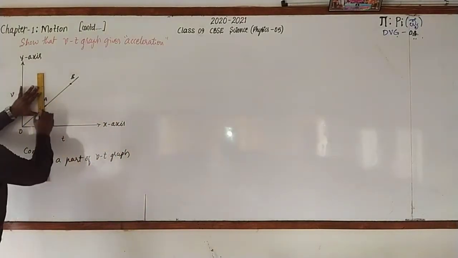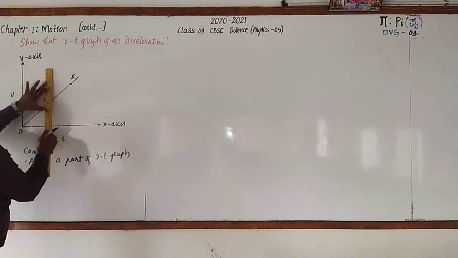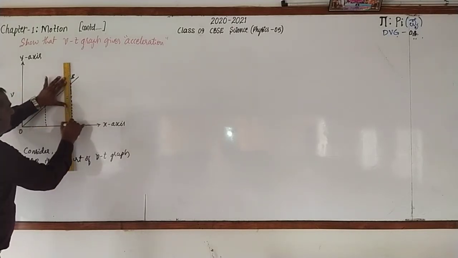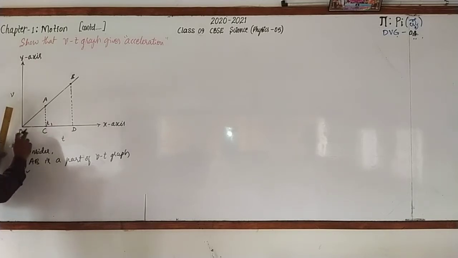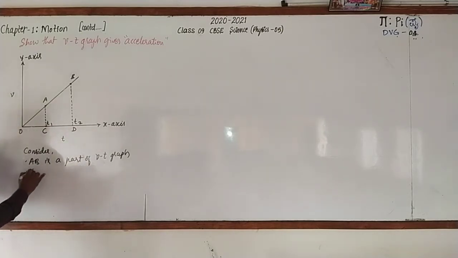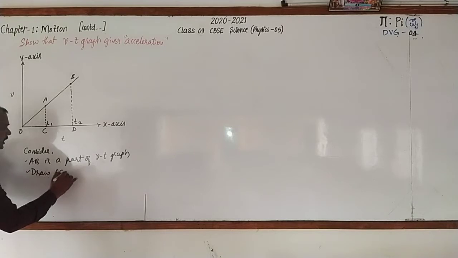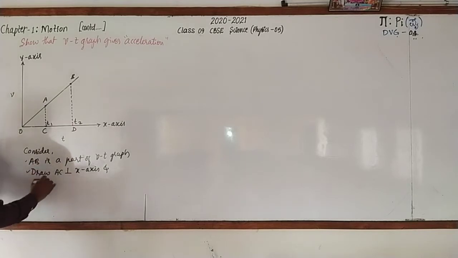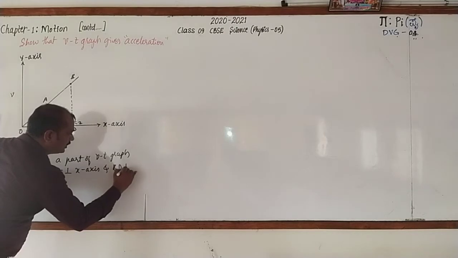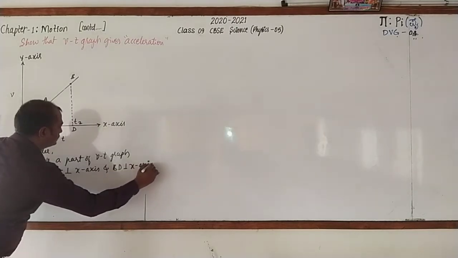Now, let us go for drawing the perpendicular from A to x-axis, again from B to x-axis. Let me draw that. Then these two perpendiculars will intersect x-axis at 2 distinct points. I call this point C and this point D. The time from O to C is T1, and from O to D it is T2. Let me write that: draw AC perpendicular to x-axis and BD perpendicular to x-axis.